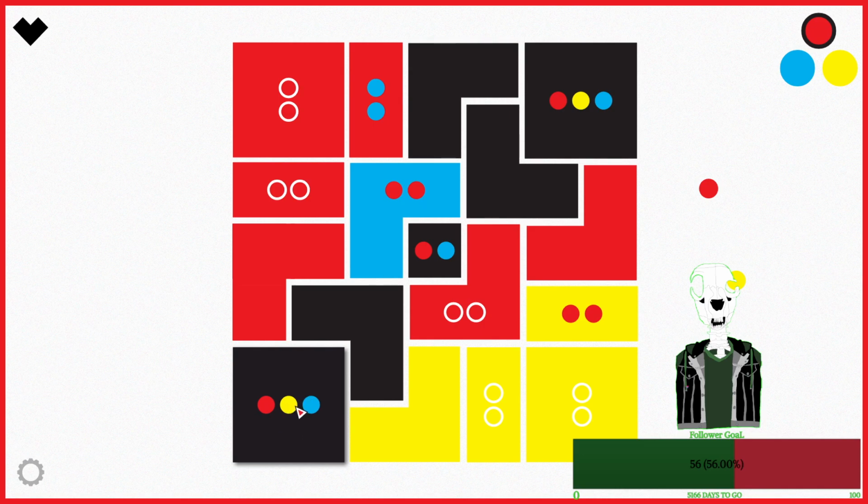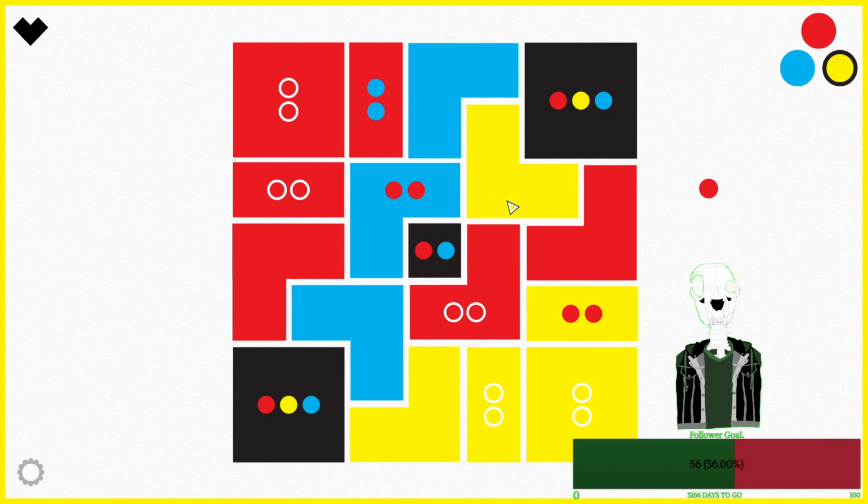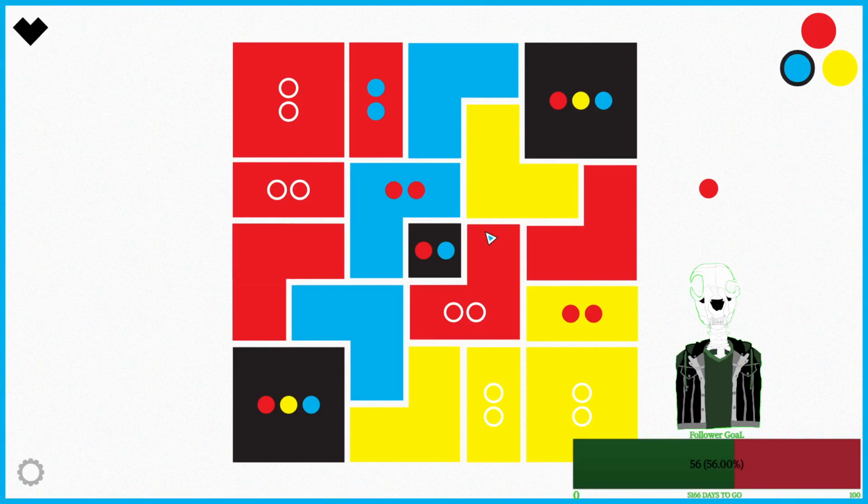This one has to be... So this is blue. This one has to be touching both a yellow and a blue. This one needs to touch 2 blues. Miss that. This has to be yellow. Now we can get back to this one, which has to be touching 2 reds. And everything else is blue.